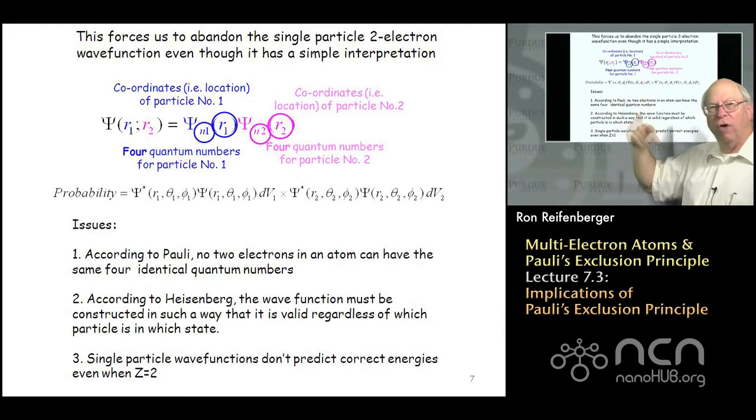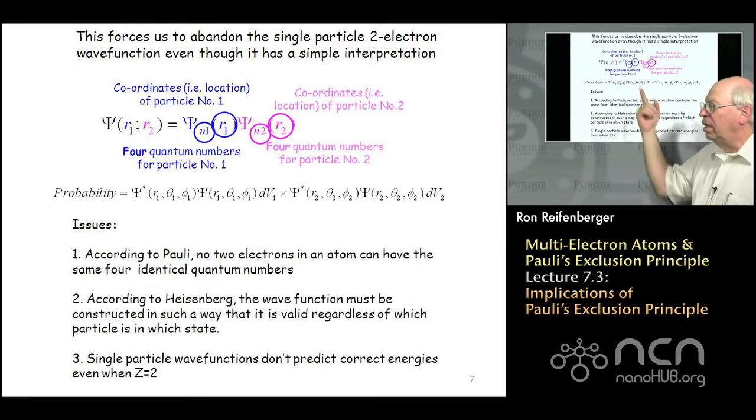If there is no interaction between the electrons, this is a valid approximation. But as soon as there's an interaction between the two electrons, this approximation breaks down, and it's this breakdown that's the underlying reason why Pauli's exclusion principle is valid.